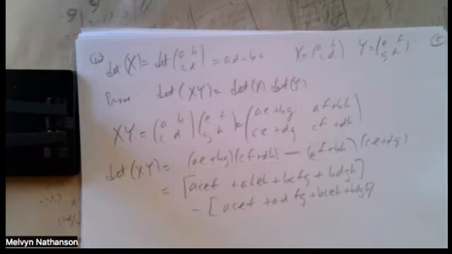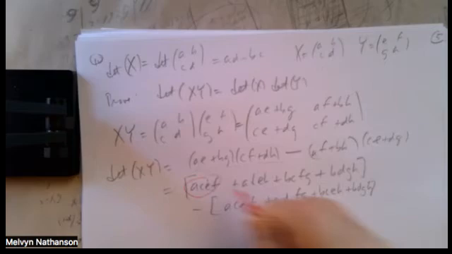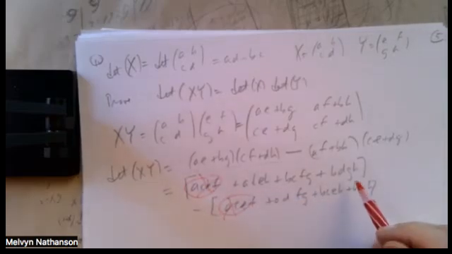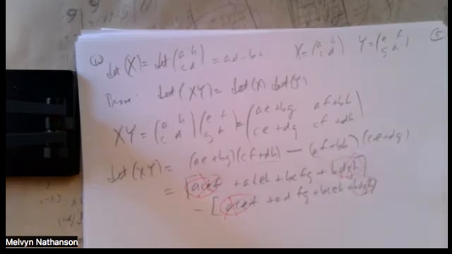And then we notice that there's a little bit of cancellation because here I have ACEF and here I have ACEF, so they cancel. And here I have BDGH and minus BDGH, so they cancel. So I seem to be left with just these four terms.